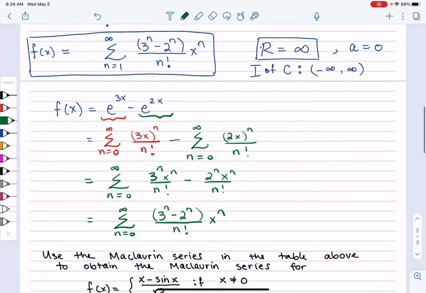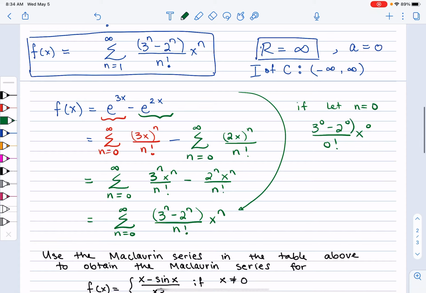These two answers are the same. And I know one of them starts at 0 and one of them starts at 1. But if we let n be equal to 0, you have 3 to the 0 minus 2 to the 0 over 0 factorial times x to the 0.